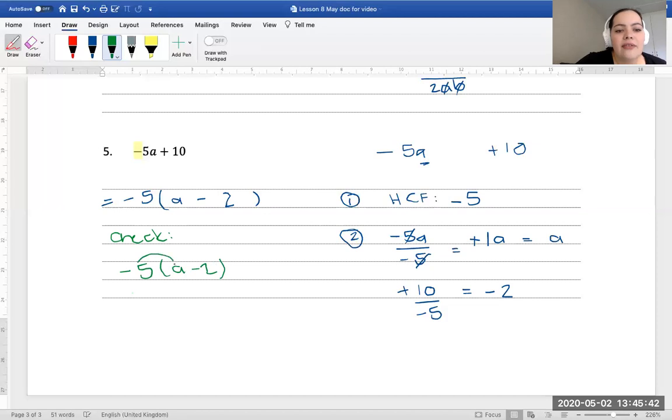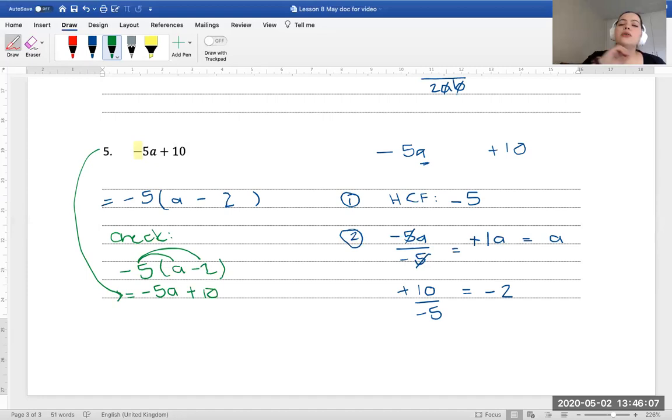Okay, -5 times a is going to give us -5a. And -5 times -2. A negative times a negative is a positive. And 5 times 2 is 10. And there you can see that we got the same exact answer as what was in our original question.